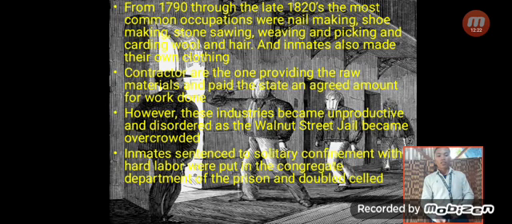Gradually, however, these industries became unproductive and disordered as Walnut Street became overcrowded due to the influx of prisoners from across the state. The capacity of the facility was congested. Inmates sentenced to solitary confinement with hard labor were put in the congregate department of the prison and in double cells.